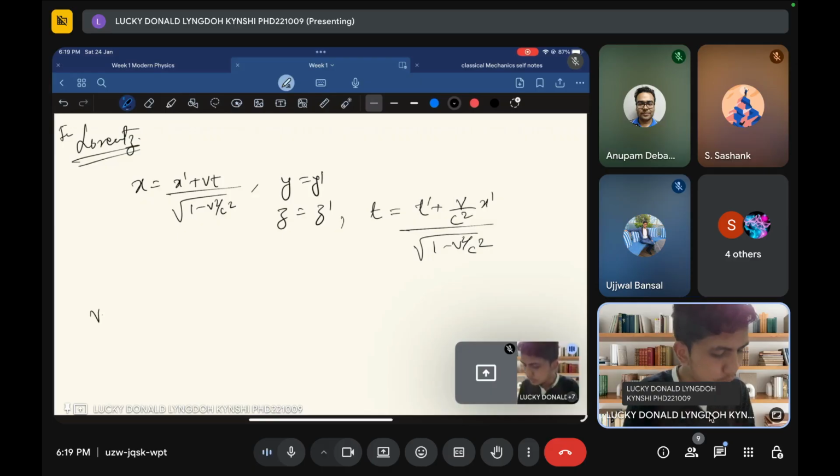And in terms of velocity, what happens? We get u of x is equal to u of x prime plus v, divided by 1 plus v by c square u of x prime.